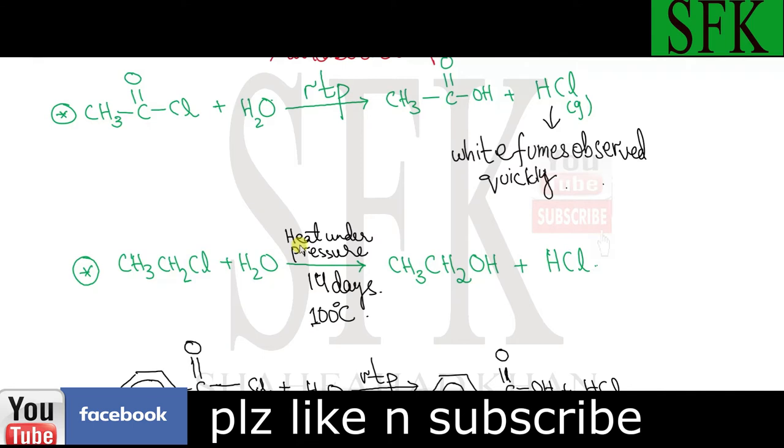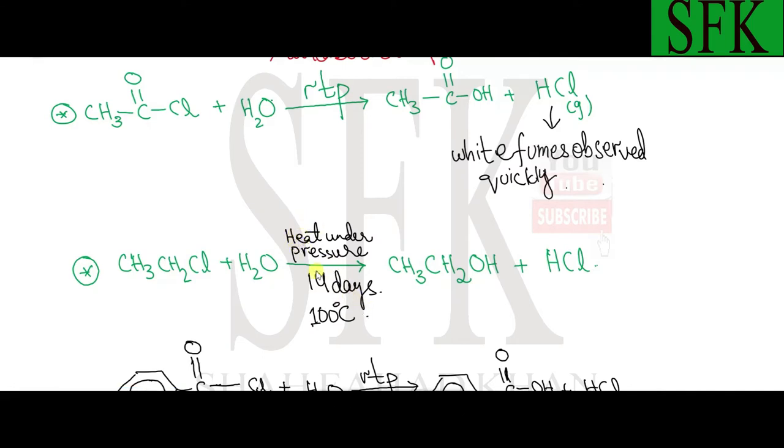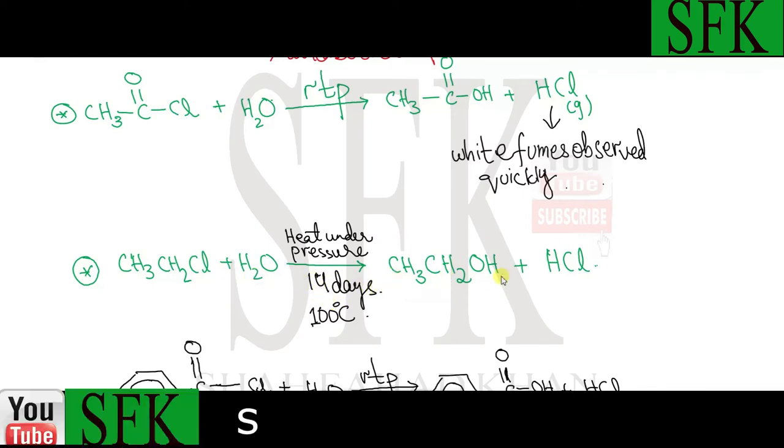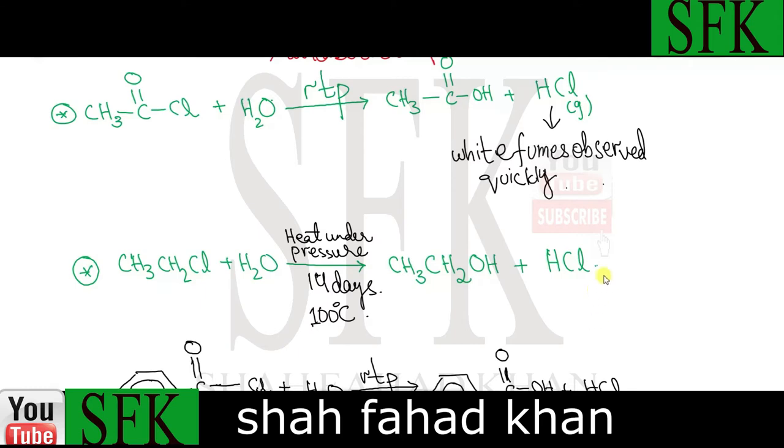But in this reaction, the conditions are harsher, they are stronger. So we have to heat it under pressure, at approximately 100 degrees Celsius for about 14 days. Only then will this reaction be completed. So this again proves that alkyl halides are less reactive compared to acyl chlorides.